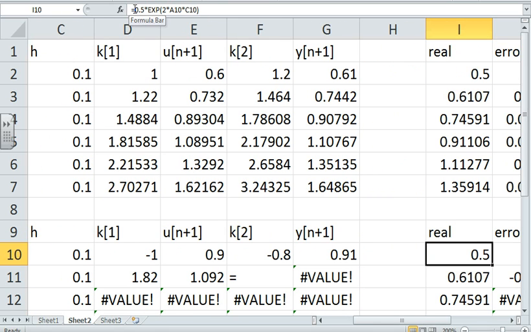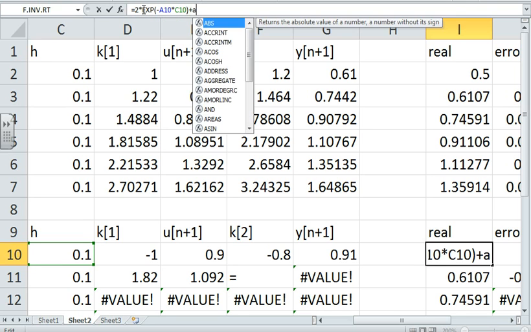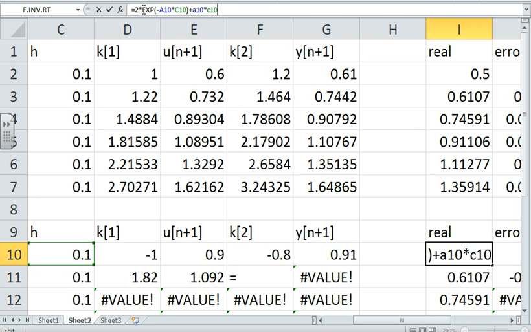The real answer is 2 exponential minus x A10 C10, okay, minus x plus x A10 times C10 minus 1.